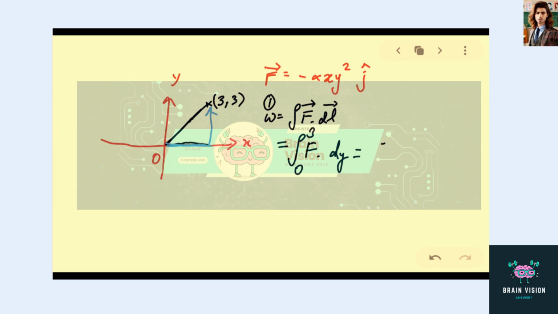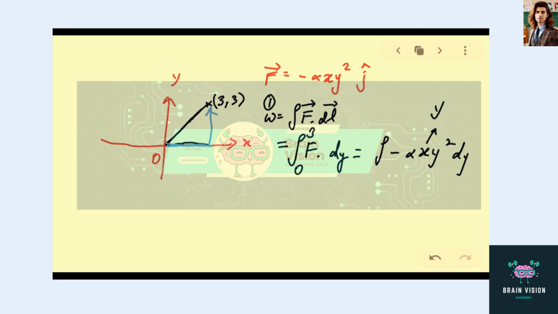And so our F is given. We substitute the expression for F, which is negative alpha x y square dy. But remember that we are traveling along the x equals to y direction. And so what this means is that our x is now equals to y, right?